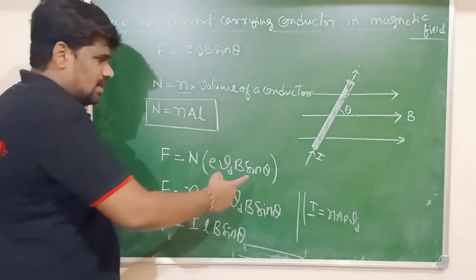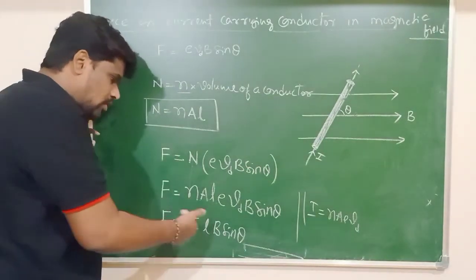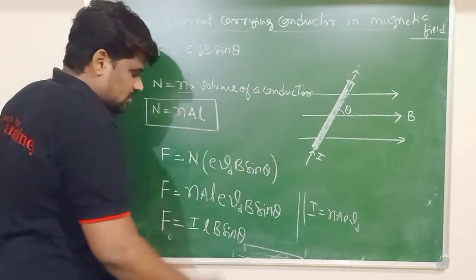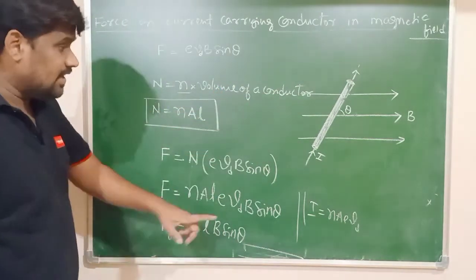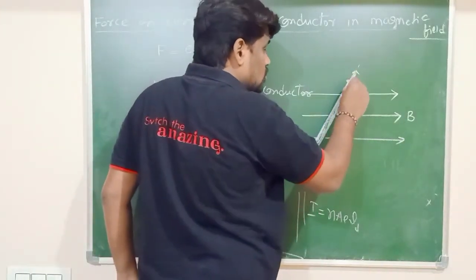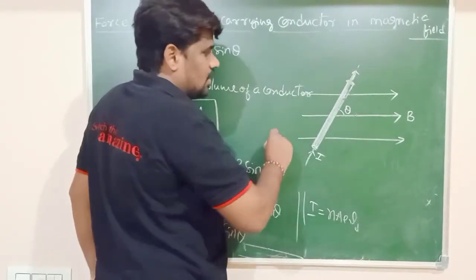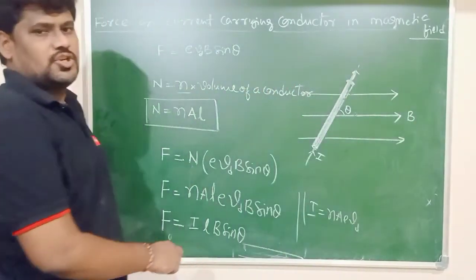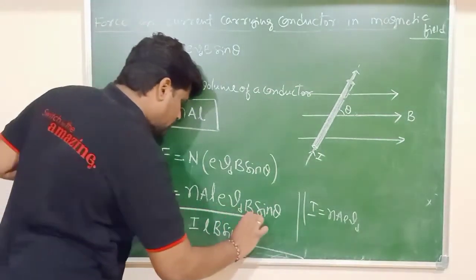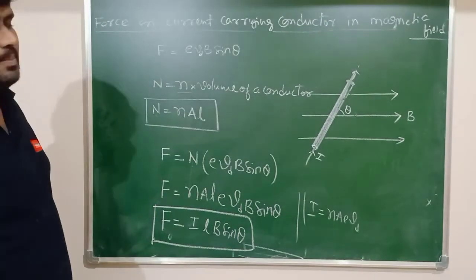Where I is the current in the conductor, L is the length of the conductor, B is the magnetic field in which the conductor is placed, and theta is the angle made by the length of the conductor with the direction of the magnetic field. So this is the expression for force acting on a current carrying conductor placed in a magnetic field.